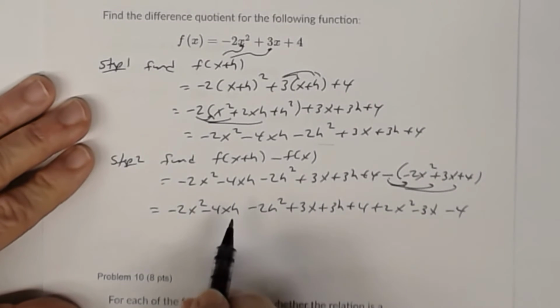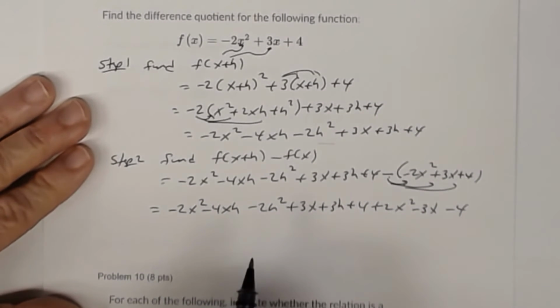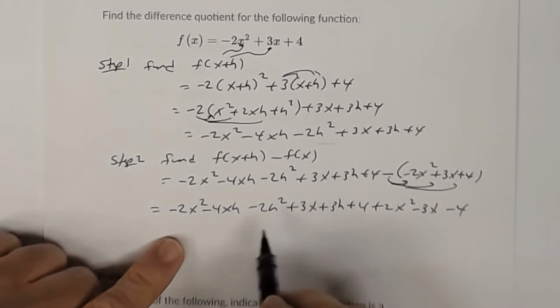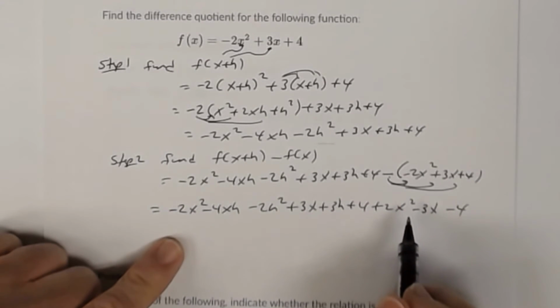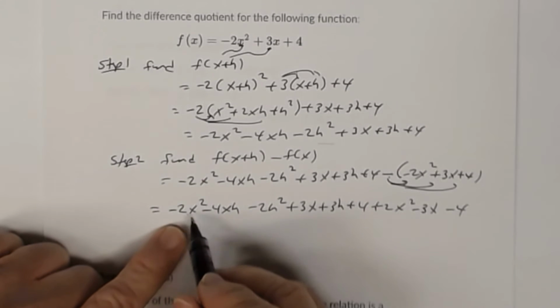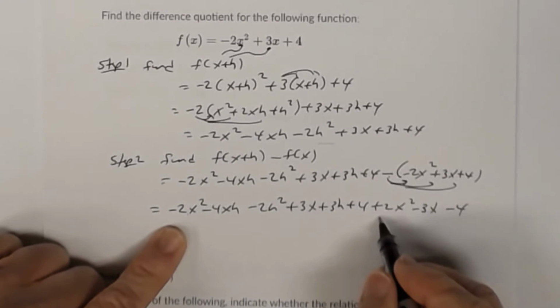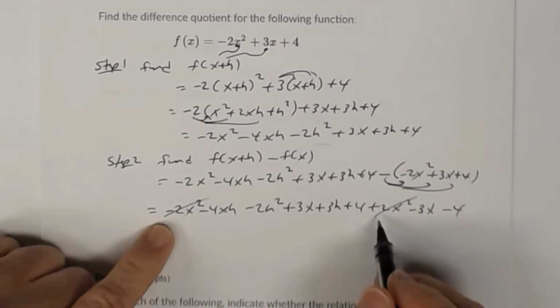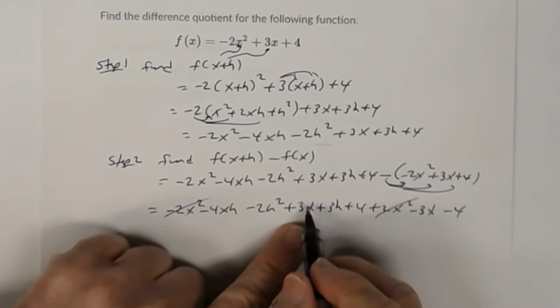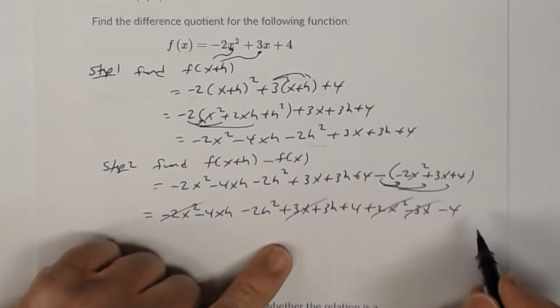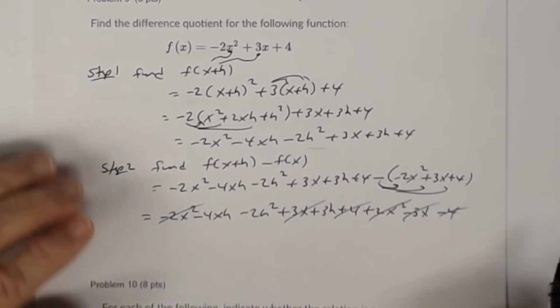If you're doing this correctly, remember all the terms that do not have a factor of h, its opposite better be there, and when you add them up, you get 0. So notice negative 2x squared, positive 2x squared, those are opposites. When you add them up, you get 0. This doesn't have an h, so 3x, negative 3x, that's 0. 4, negative 4, that's 0.